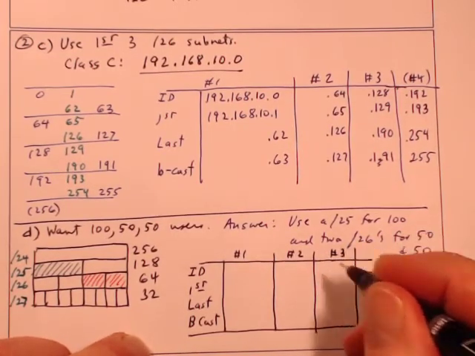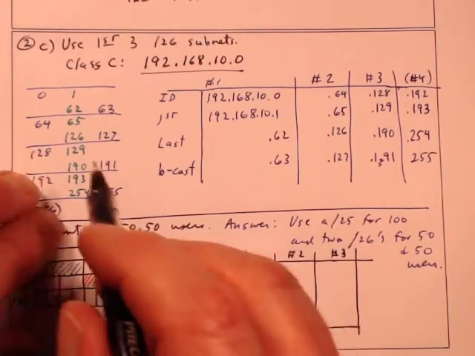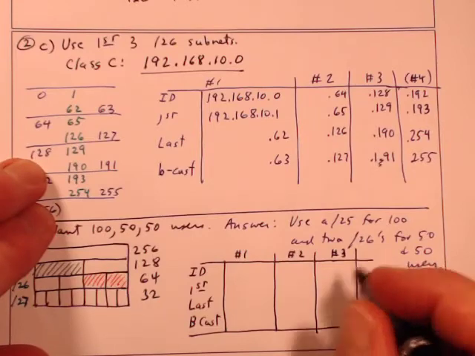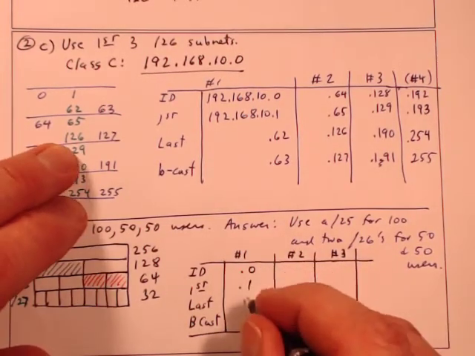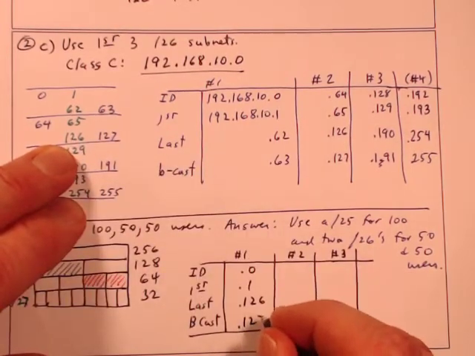Okay, and we're going to use all the full range here. And I can just go back up and use the same chart, except the first one is going to span from 0 all the way up to 127. So it's going to be dot 0, dot 1, dot 126, and dot 127.